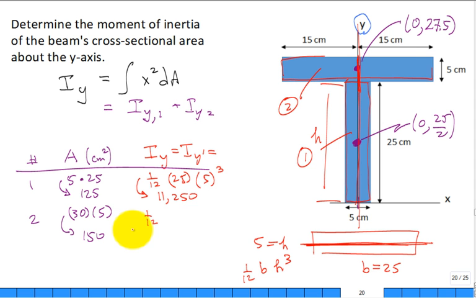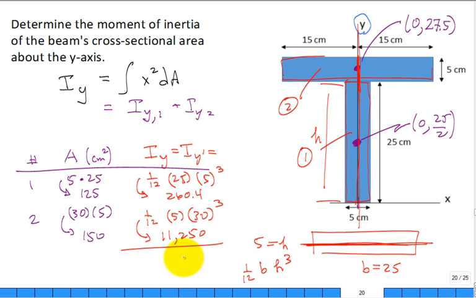And then we'll do the 1/12. What's our base? It's going to be a 5, and 30 cubed. I'm sorry? Oh, that's why I'm messing it up. My notes, I reordered them. There you go. So this is 11,250. Thank you. And then this one is 260.4.